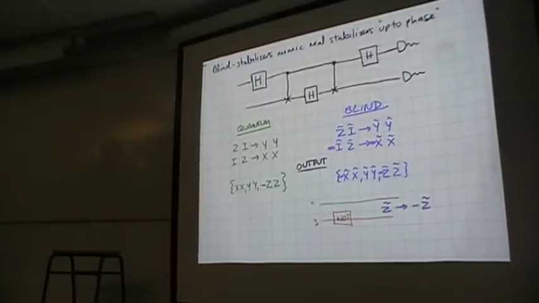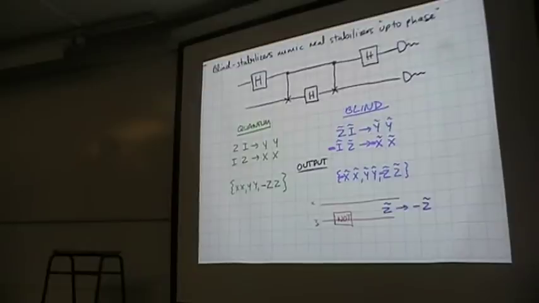Alright, so the upshot of the whole game is the following: it's trivial to go through and conjugate the blind stabilizers the same way as quantum stabilizers go through. But at the end of the day, if you had n qubits here, this would be some exponentially large set, the subgroup of the output of the state.